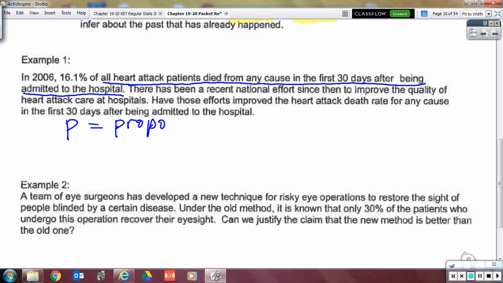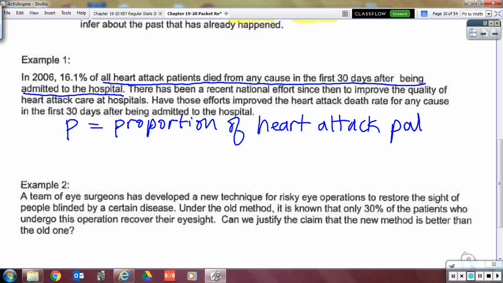Proportion of heart attack patients that do what? Die from any cause. Oh, die. Present tense, not died. That's done. That has happened. That die.